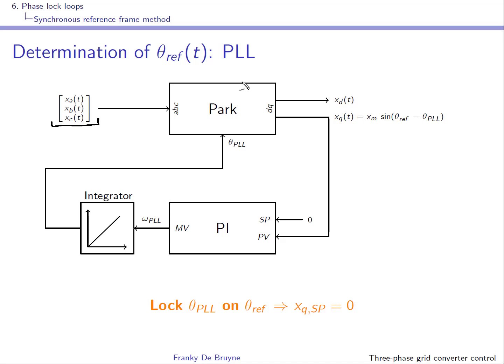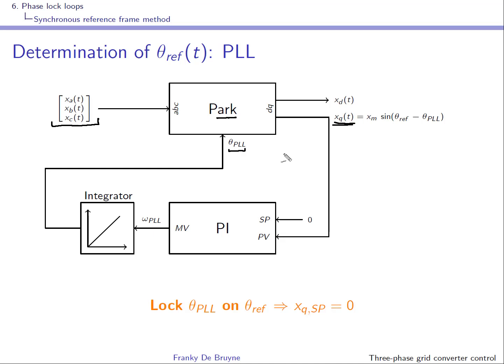We are going to work based on an error signal, and this error signal is the Q component after Park transformation of this reference signal using the PLL angle. And the idea was, if the error is positive, we need to increase the speed. If it's negative, we need to decrease the speed.